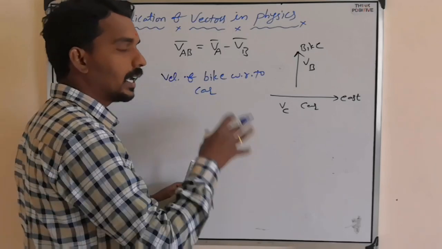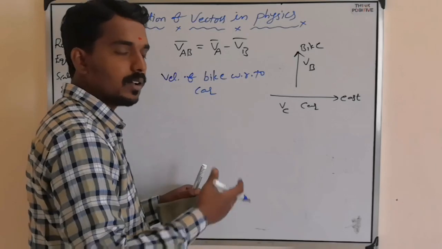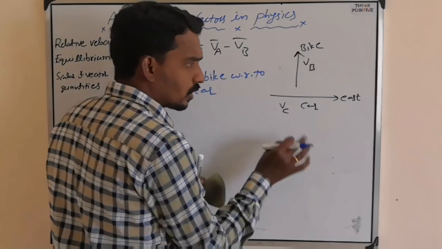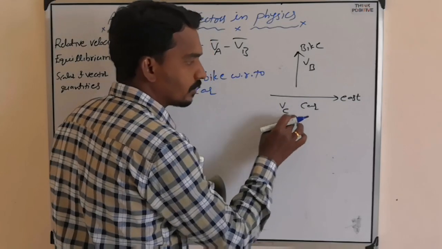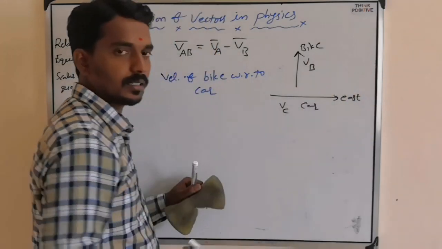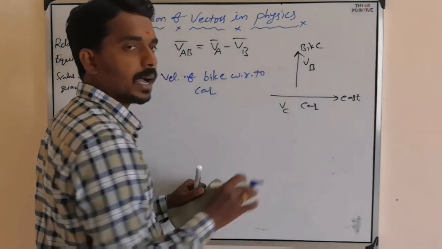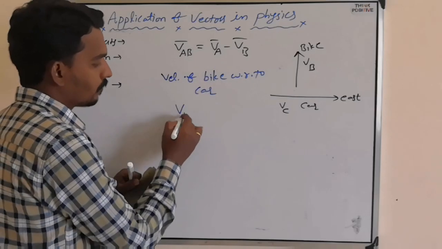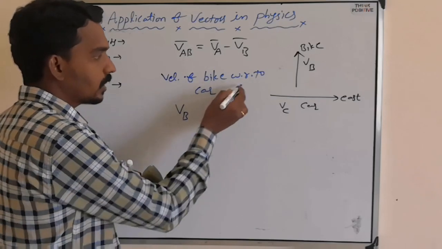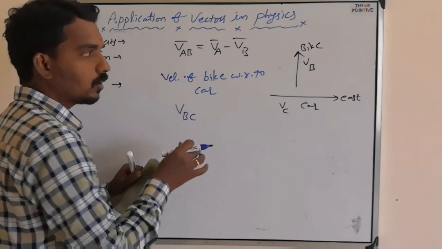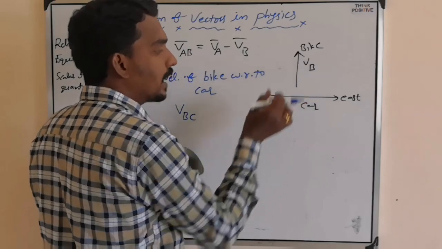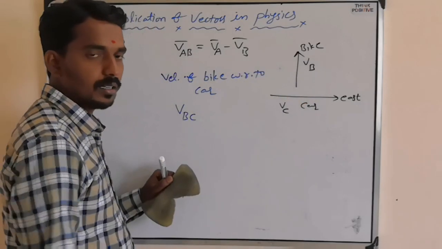In the same way, relative velocity changes from one reference to another. With respect to the ground, the velocity of the car is Vc towards east. But with respect to the moving bike, it is different. Now we have to find the velocity of the bike with respect to the car. Now the question is not the velocity of the car, but the velocity of the bike with respect to the car.